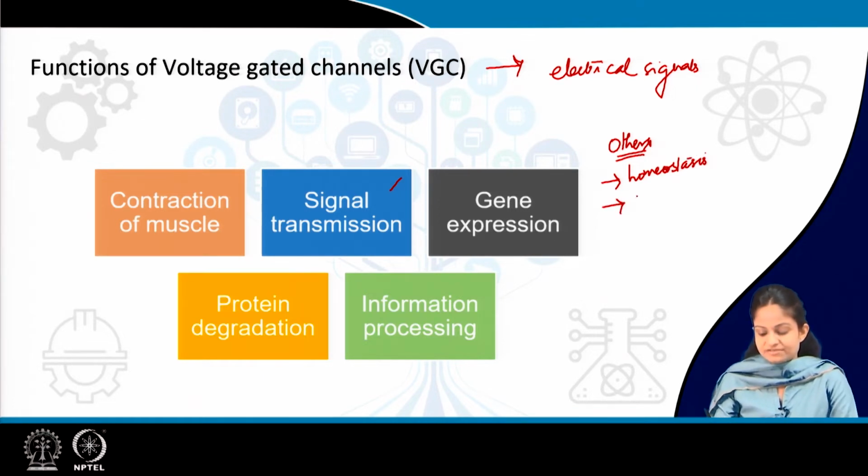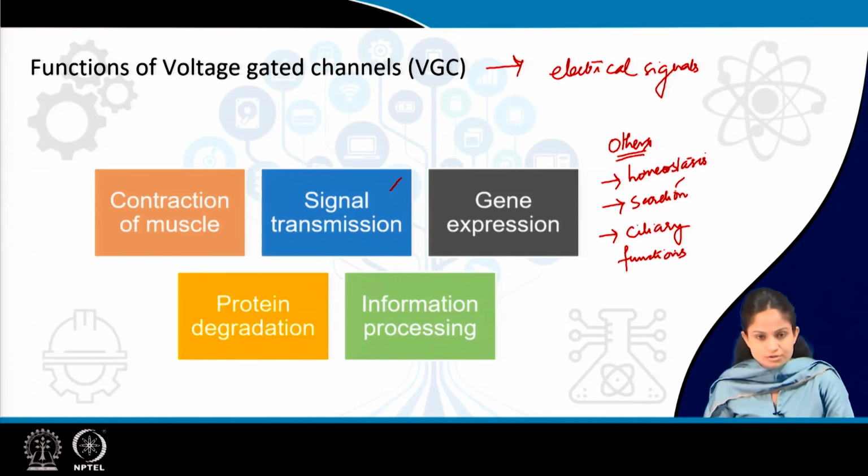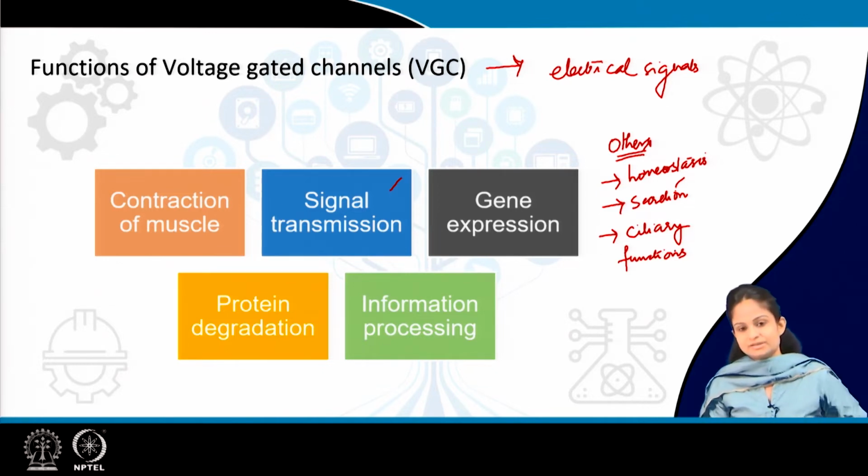Then we have secretion, then we have ciliary motility, ciliary functions mainly. So, these are the functions also which are done by the electrical signal transductions which are done by the voltage gated channels.